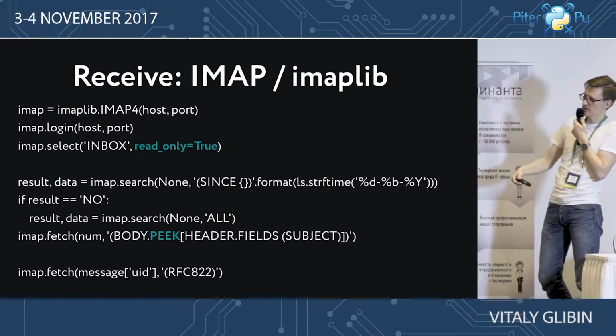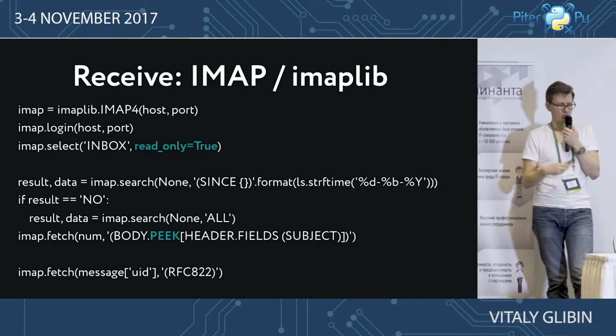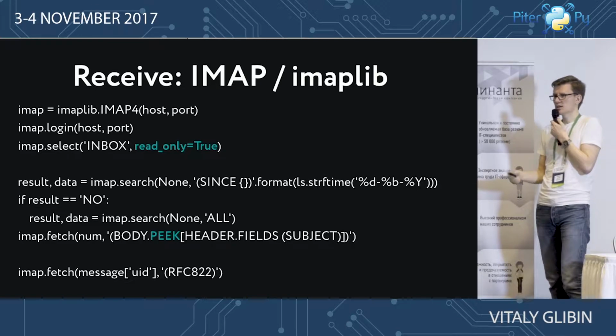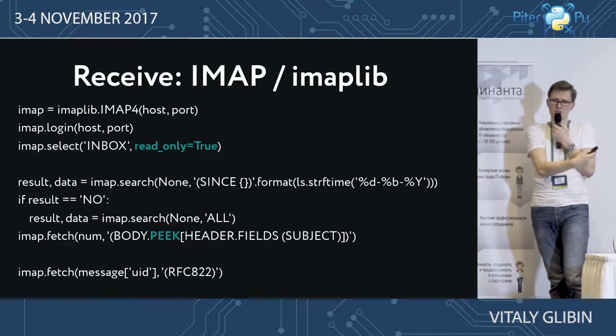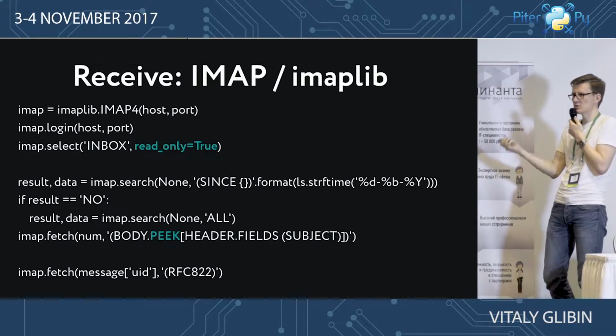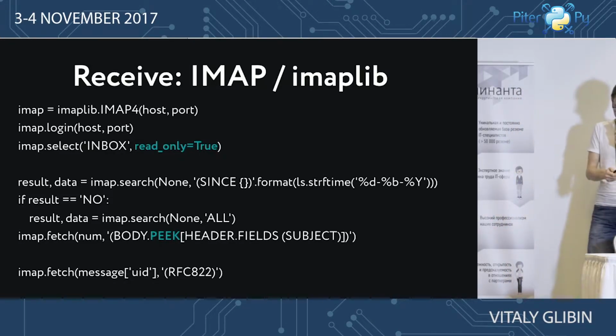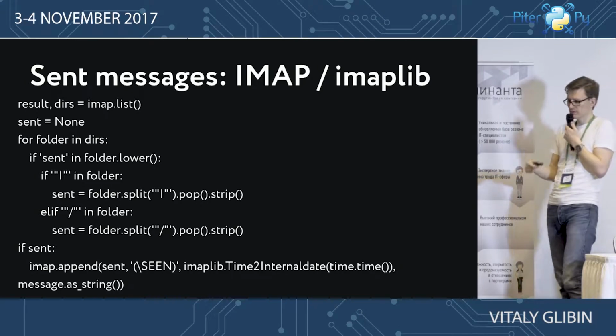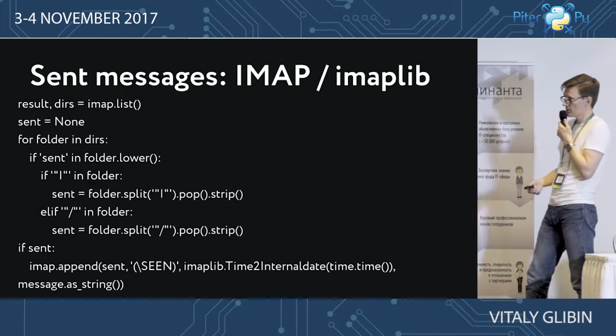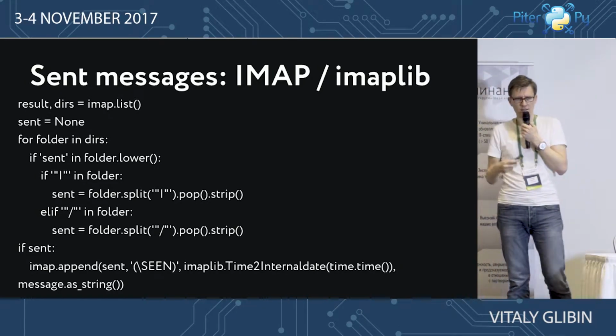And there is another command, fetch. It returns the letter in the RFC format, a class of message is assigned, and you handle it later. IMAP had a lot of problems similar to POP3.